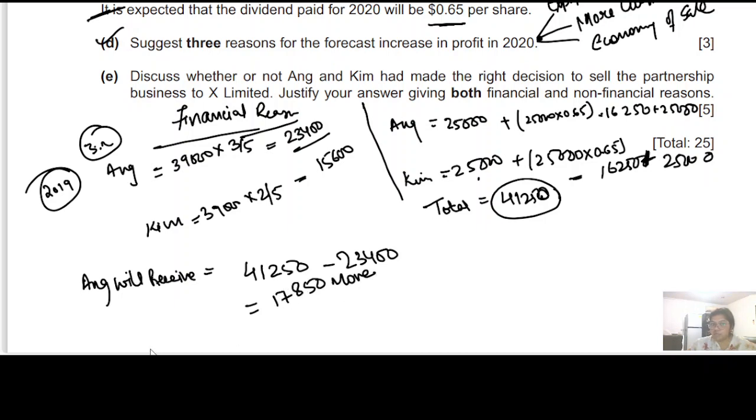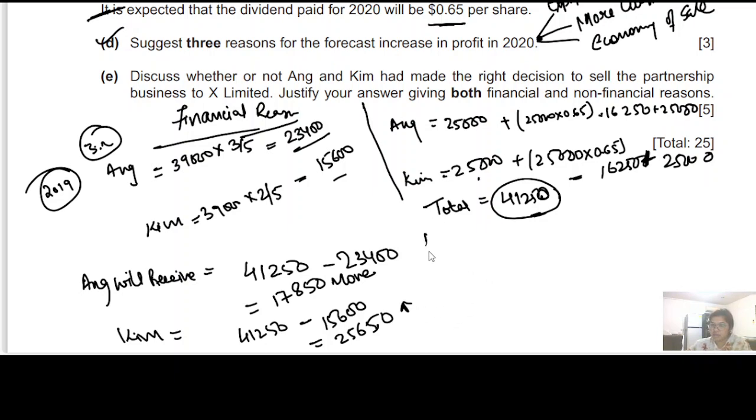What about Kim? Kim also gets this value if they join that X Limited company, and 15,600 earlier, so again Kim is getting more, that is 25,650 increased.